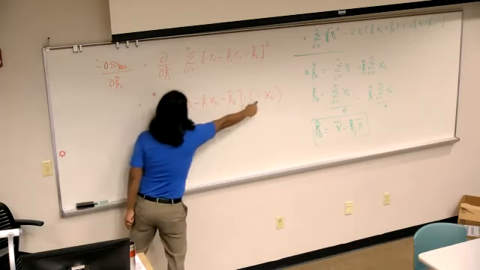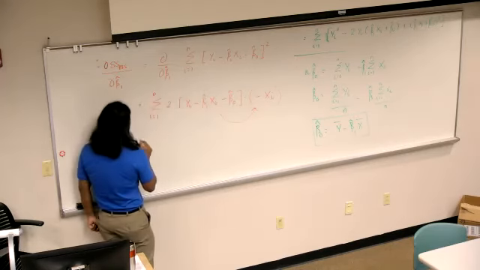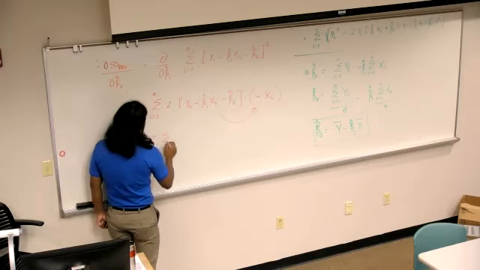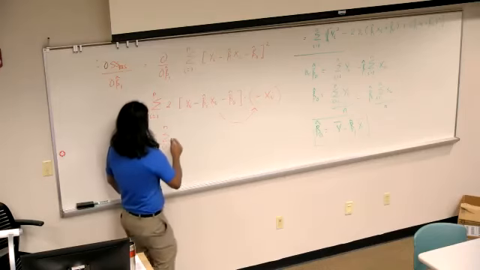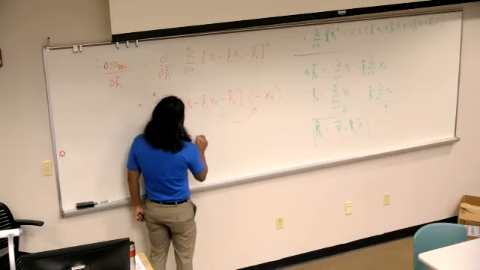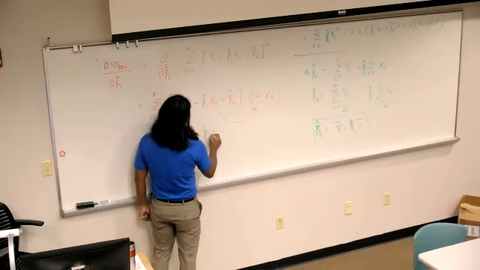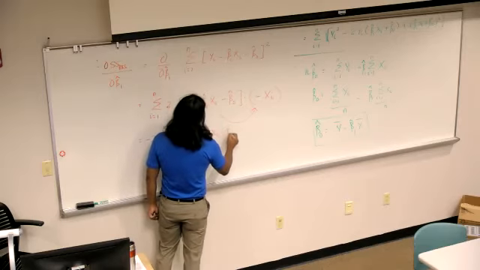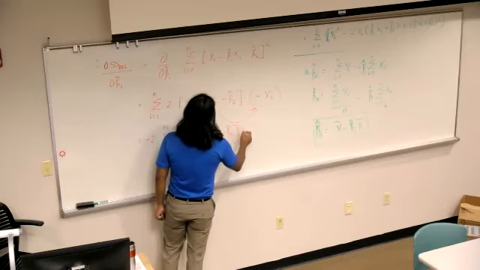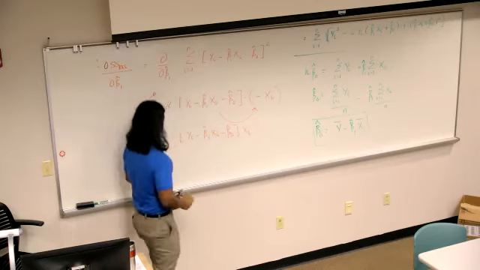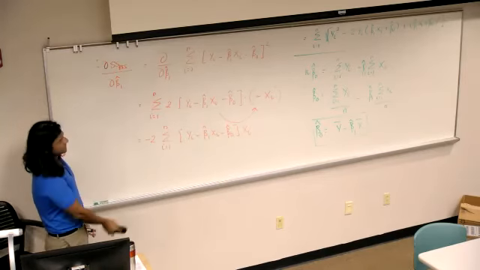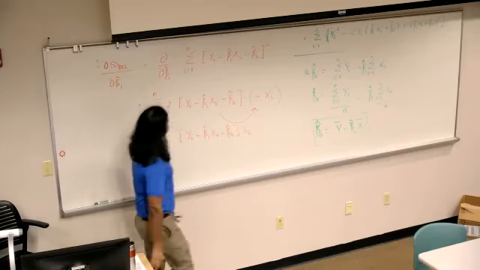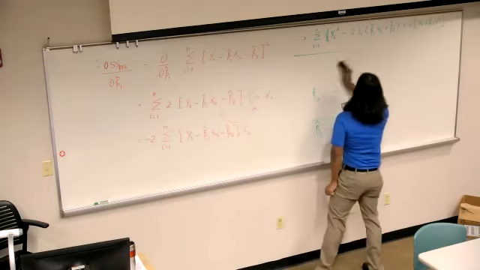So negative 2, sum i equals 1 to n, yi minus beta 1 hat xi minus beta naught hat, times xi. That is the expression we will have. We want to set that equal to 0 and solve for beta 1 hat.